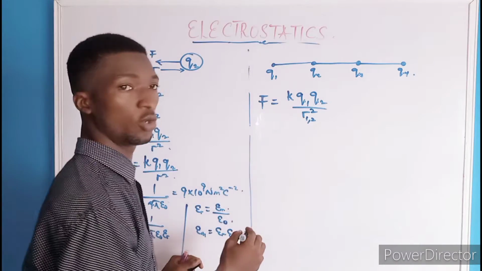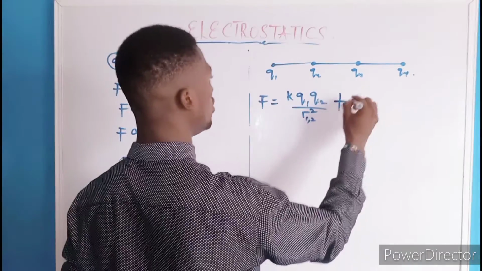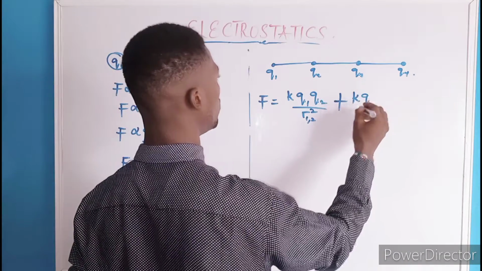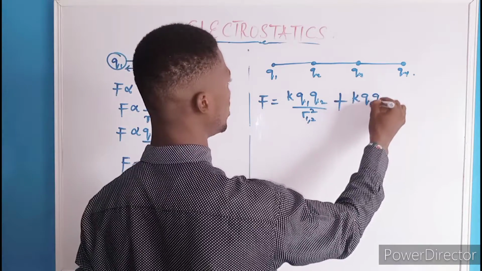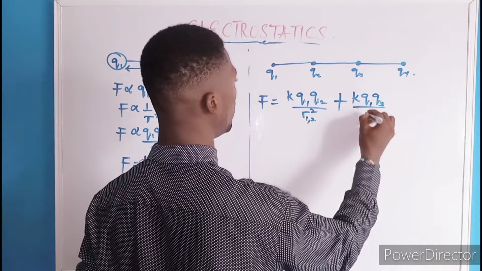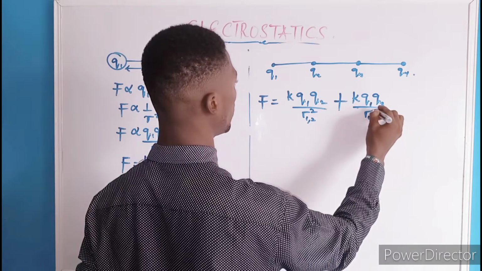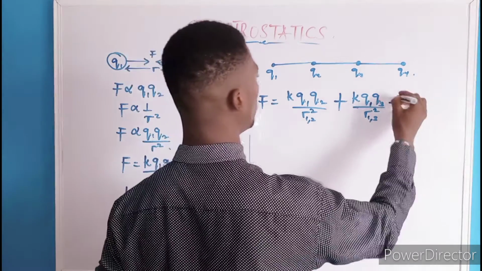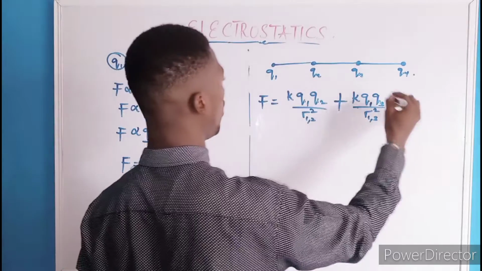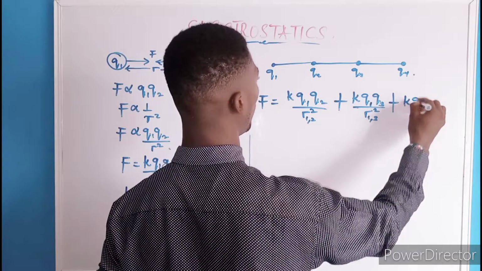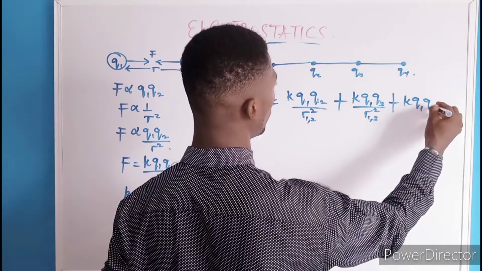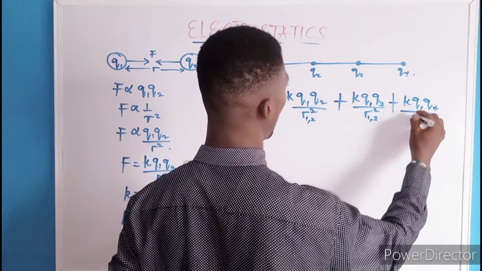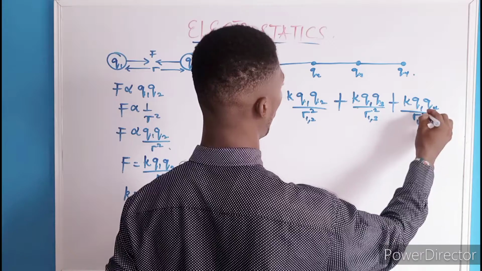Don't forget your distance is always squared. Plus the same K, your reference charge Q1 with respect to the third charge Q3, over R 1 3 all squared. You can also take K, your reference charge Q1 and your last charge Q4, over R 1 4 all squared.